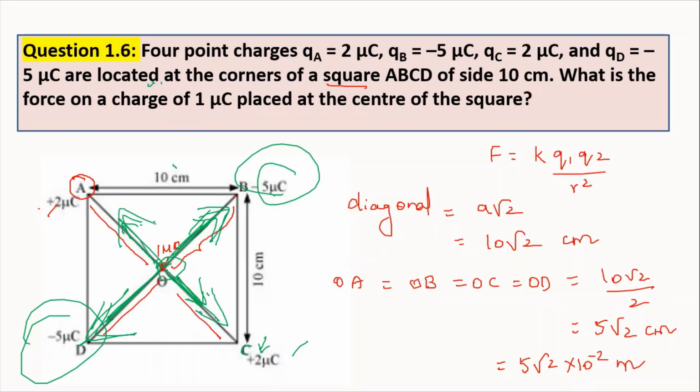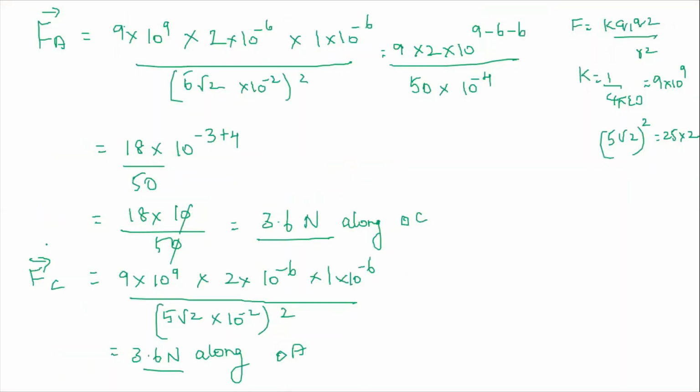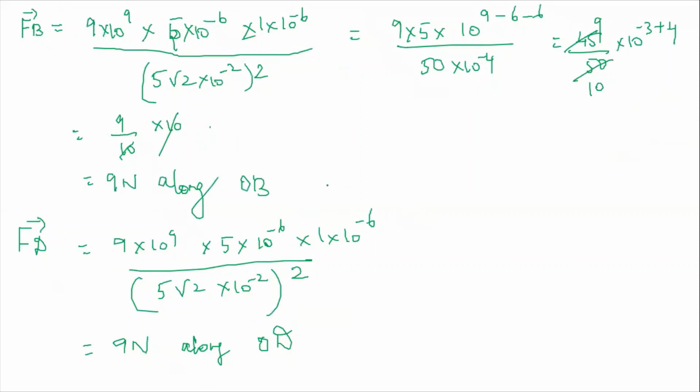So they are equal and opposite. That means FA is equal to minus FC. Similarly here also they are equal in magnitude but opposite in direction. So FB will be equal to minus FD.